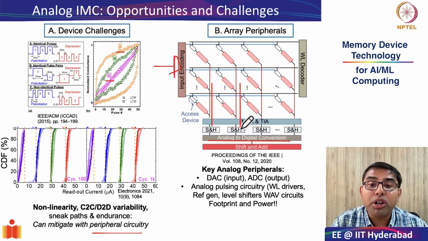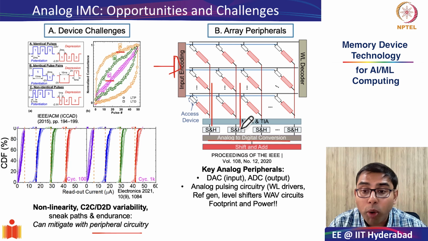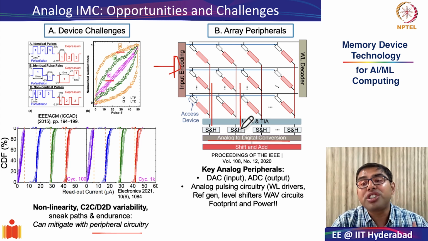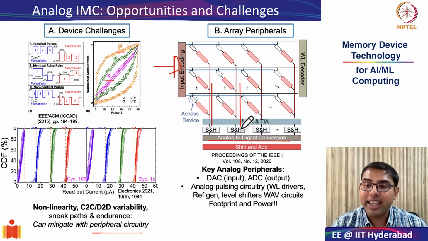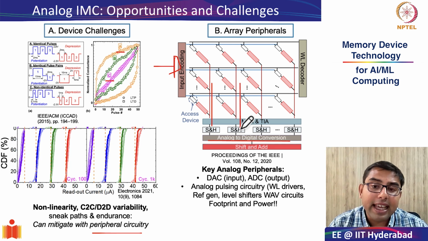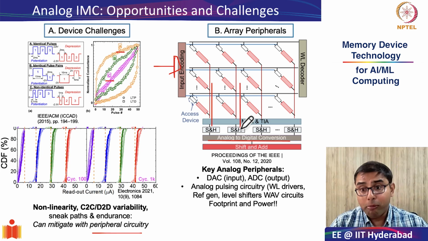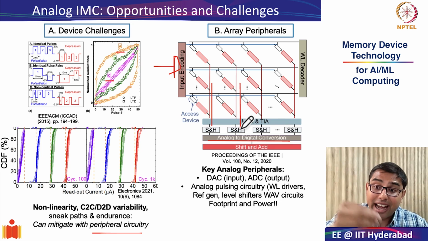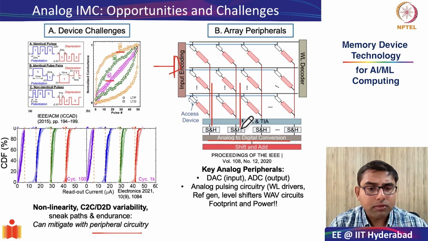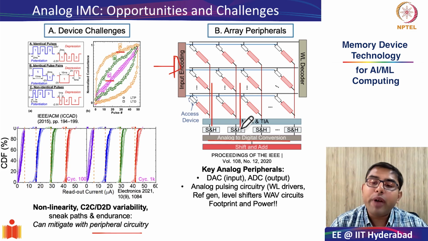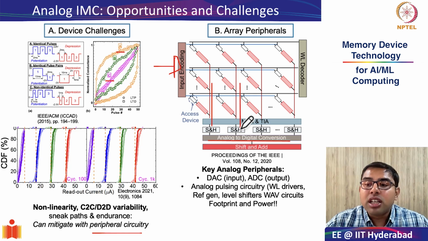The higher the resolution of these ADCs, 8 bits or more, the more disproportionately higher energy and area they consume. Even a 6-bit ADC can consume orders of magnitude more energy than the analog computation itself. And this becomes a very big issue and very big challenge as the array sizes start increasing or you need higher and higher precision.